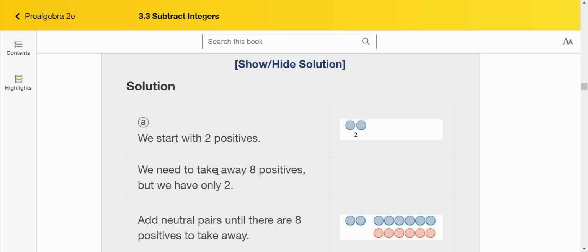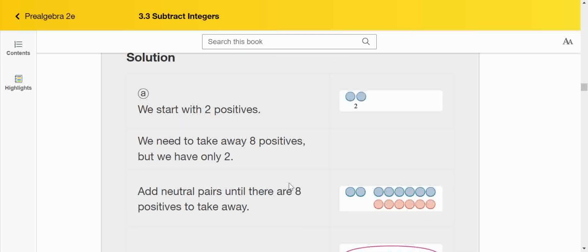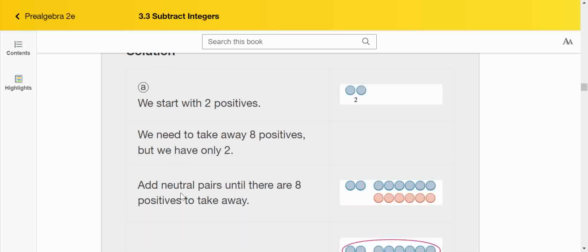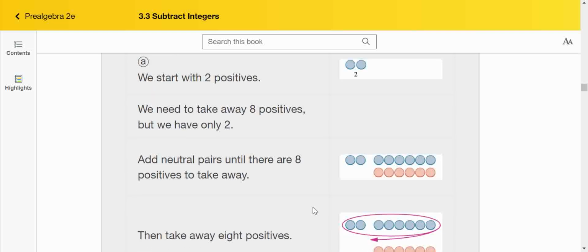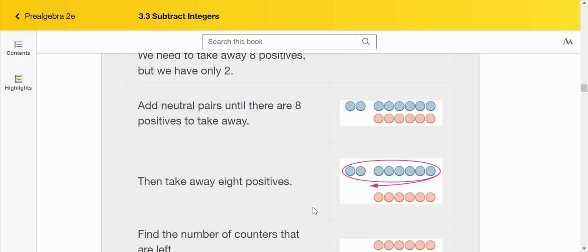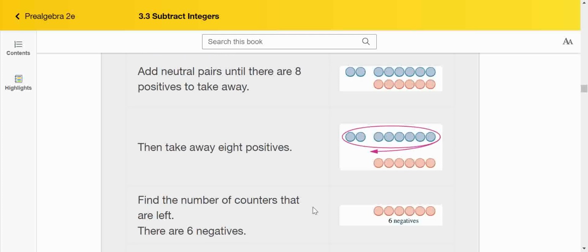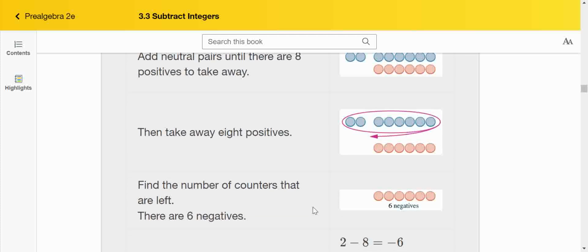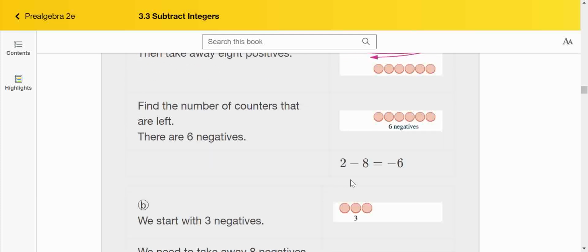We need to take away 8 positives, but we only have 2. Add neutral pairs until there are 8 positives to take away. Then we take away 8 positives. Find the number of counters that are left. There are 6 negatives. 2 minus 8 is equal to minus 6.